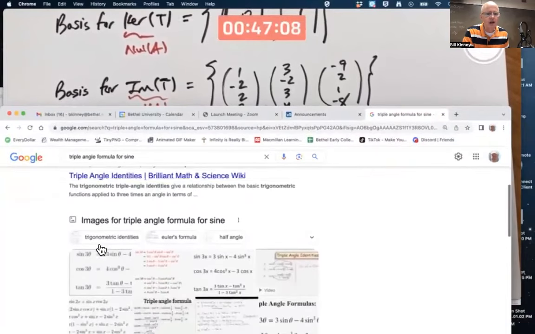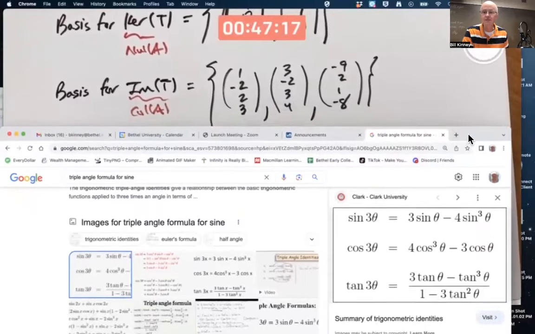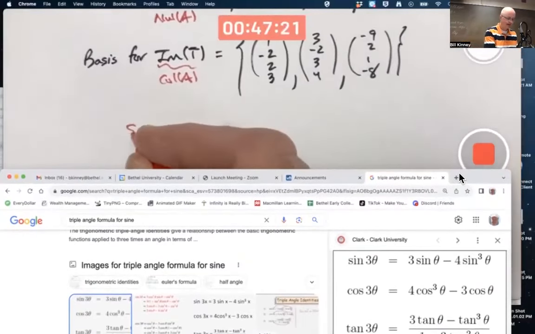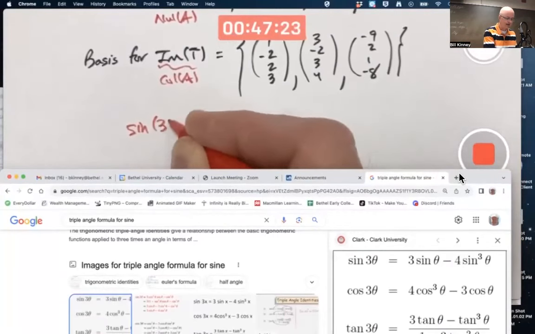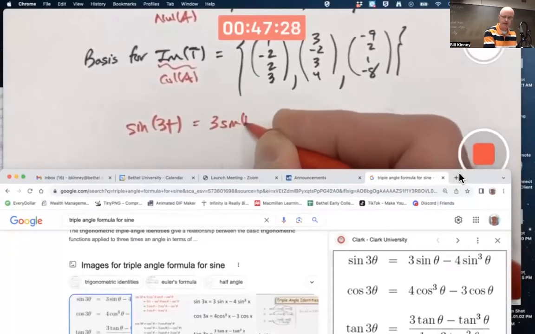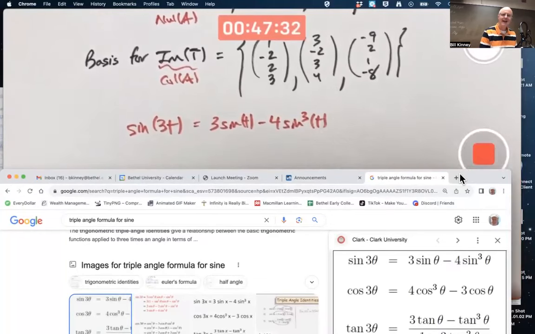That's bad typesetting. Let's look at this picture. One thing sine of 3 theta or 3t equals is 3 sine t minus 4 sine cubed t. That's one example of a triple angle formula. Sine 3t equals 3 sine t minus 4 sine cubed t. This is an identity.